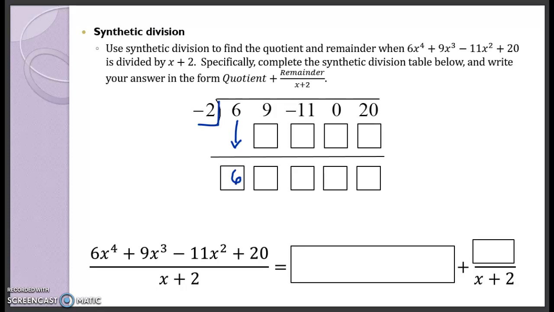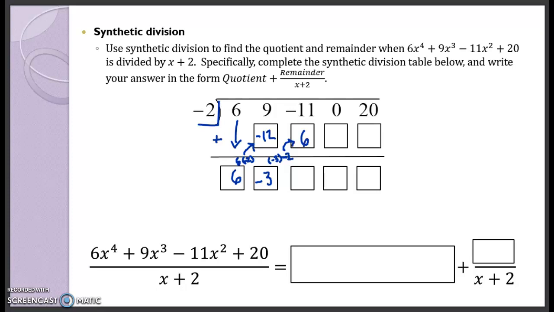Now we're going to take 6 times our magic box, and that's going to go in here. 6 times negative 2 is negative 12. We add these: 9 plus negative 12 equals negative 3. Then we're going to take negative 3 times negative 2, and we put it in our next box, and that is a 6.